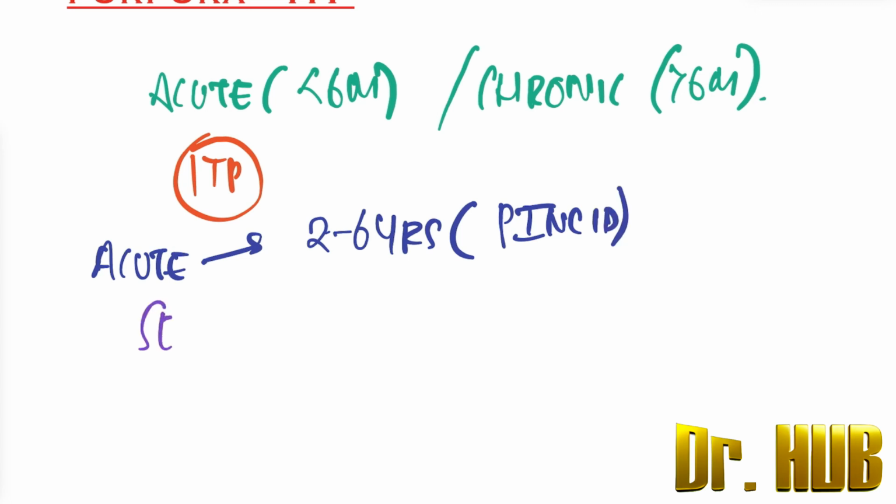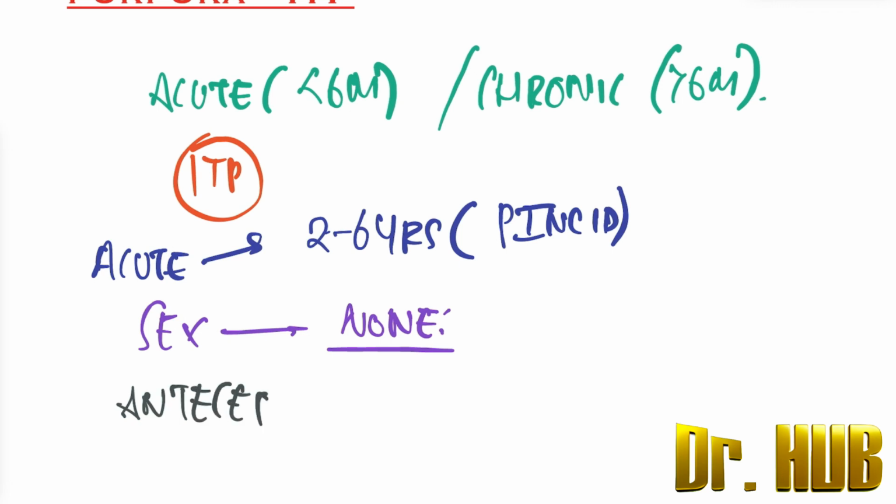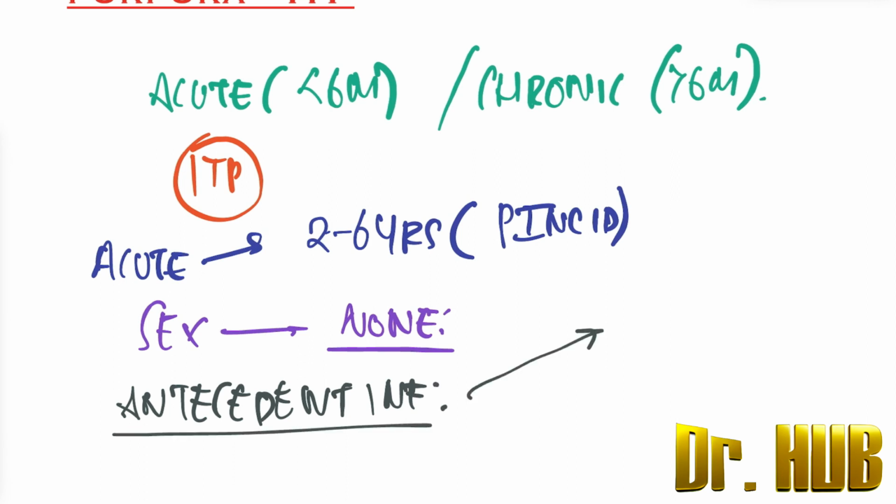Then what about the sex predilection? It has none. In terms of antecedent infection, it is common, 1 to 3 weeks before.